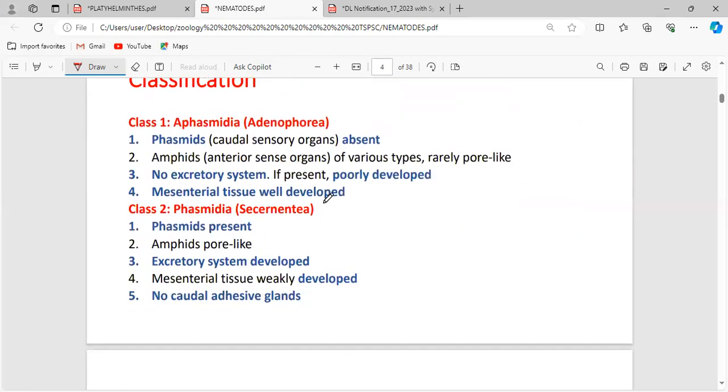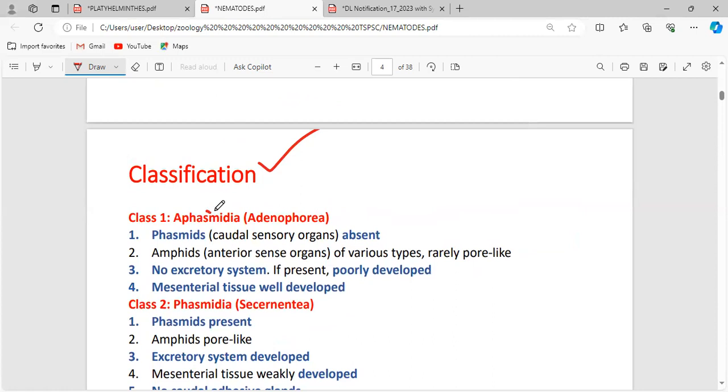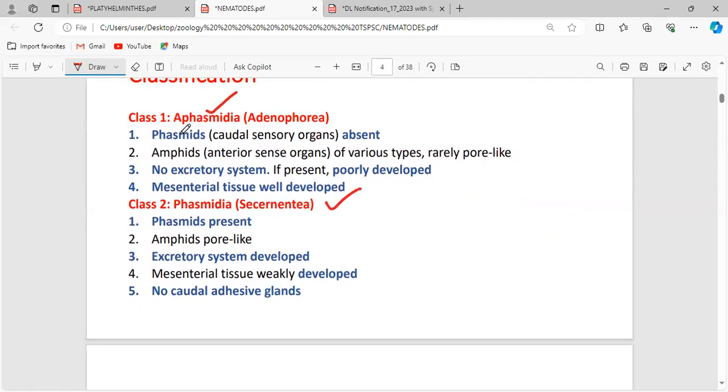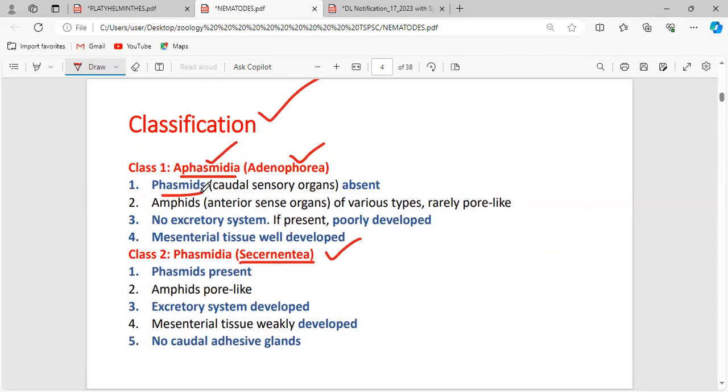The classification of nematodes is into class 1 Aphasmidia and Phasmidia. Aphasmidia is also called Adenophorea, and Phasmidia is also called Secernentea. Now see what phasmids are. If phasmids are absent, then it is said to be Aphasmidia.